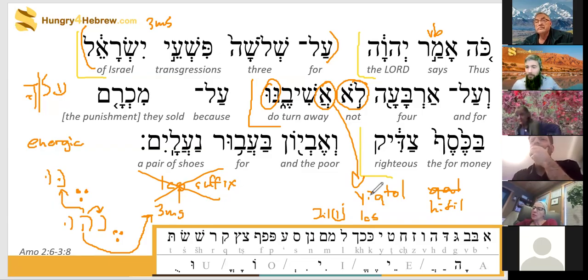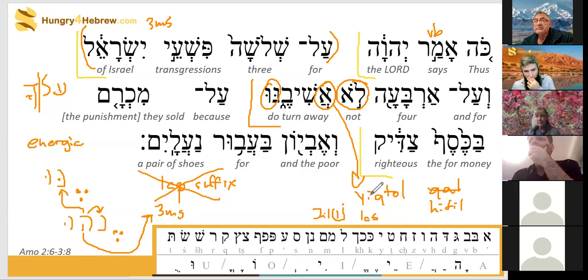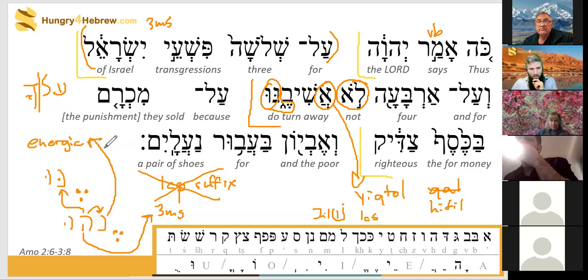Gary, can you explain that new suffix one more time? Actually it's enu. I did circle just the nu, but I should have circled enu. The enu, if split up, would be the nun here as the energic nun, and then the hu is the 3ms suffix, object suffix.